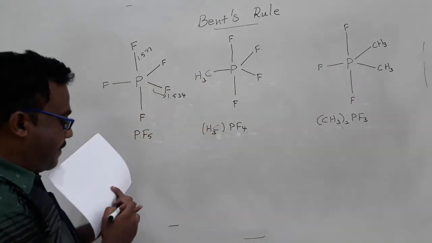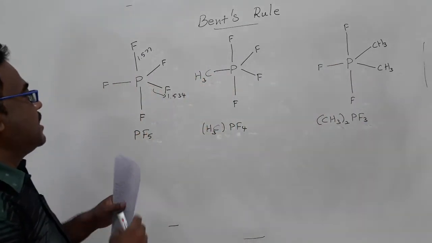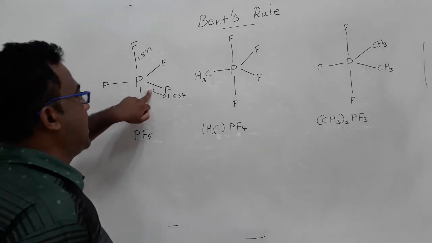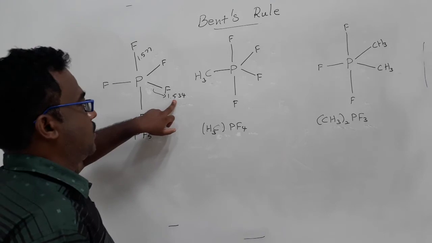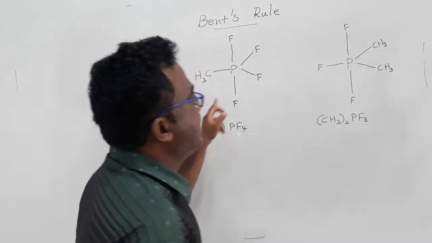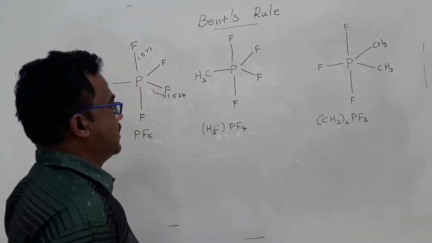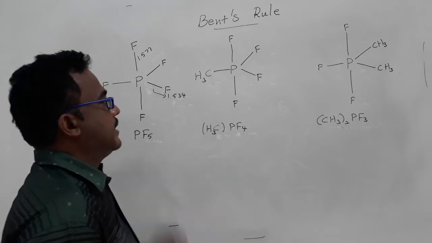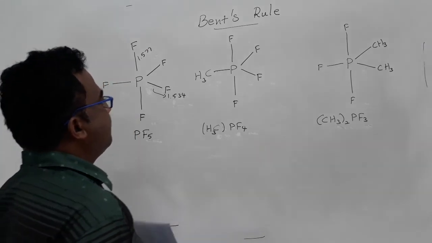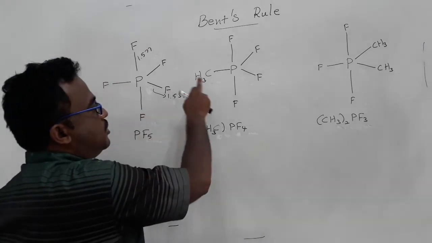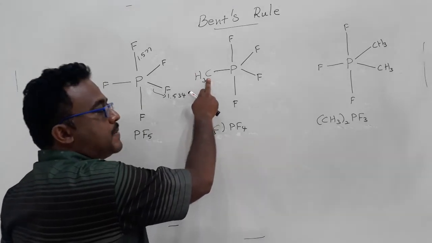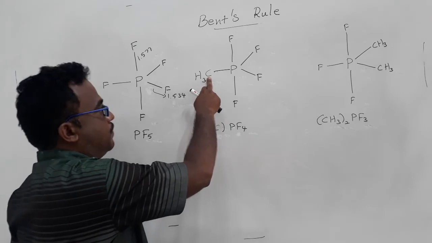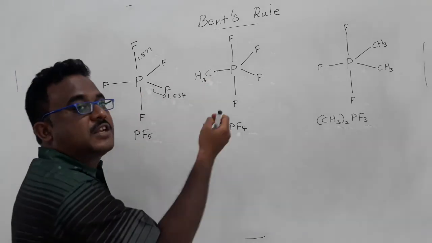Let me compare the equatorial bond length first of all. Equatorial bond length for PF5 is 1.534 Angstrom. What will happen to the methyl substituted phosphorus fluorides? Whether it will increase or decrease. When one of the fluorines is substituted by a methyl group, what will happen? Methyl group is an electron releasing group and fluorine is an electron withdrawing group.